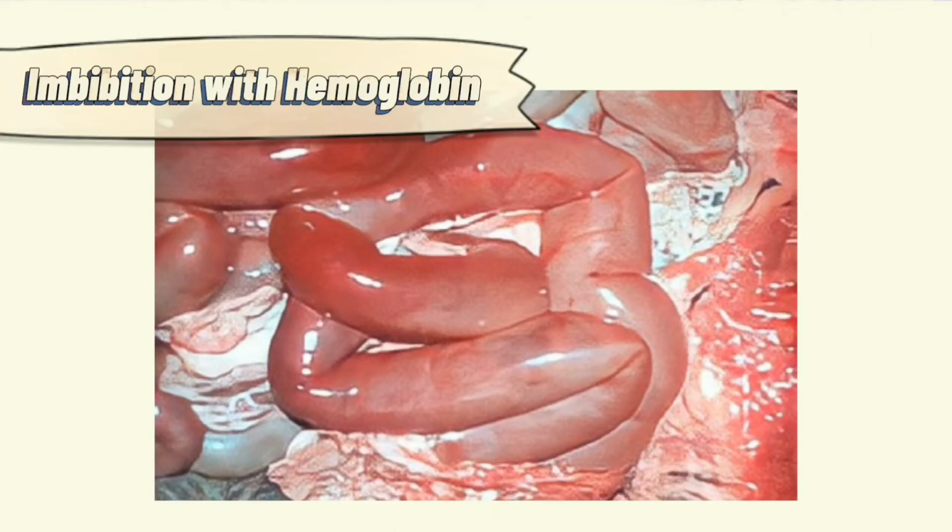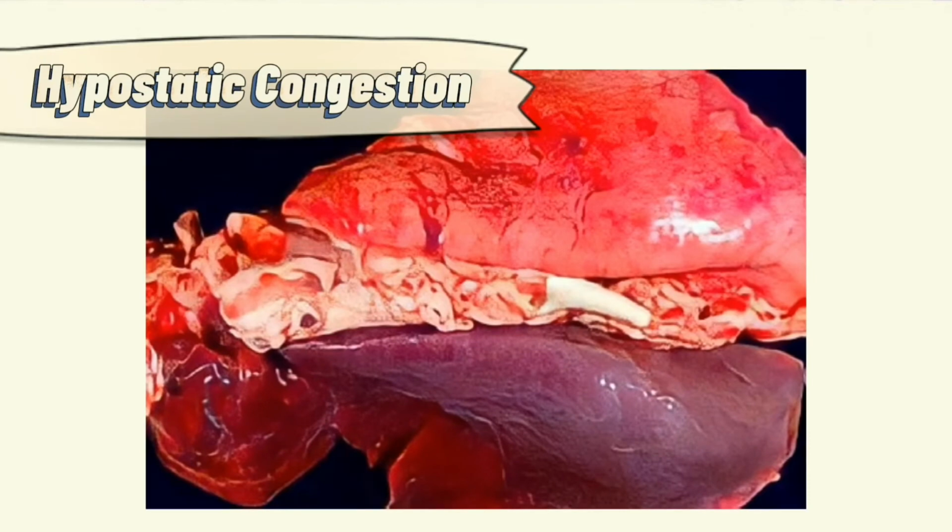Being soluble in body fluid, it diffuses into the surrounding tissues and stains them red. The next post-mortem change is the hypostatic congestion. It is simply defined as the accumulation of blood in the ventral portion of organs and the entire carcass due to the influence of gravity.